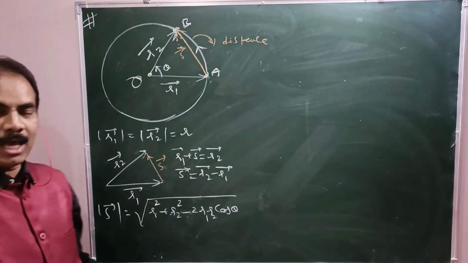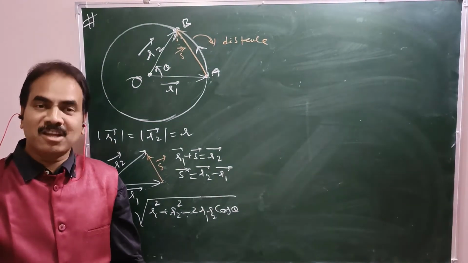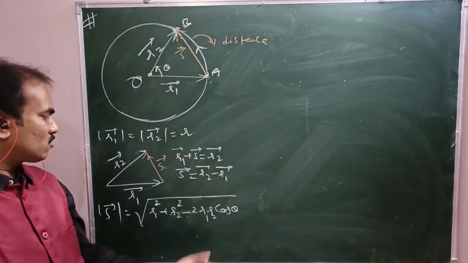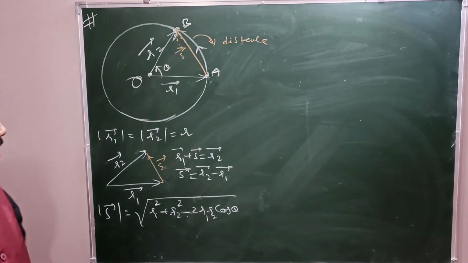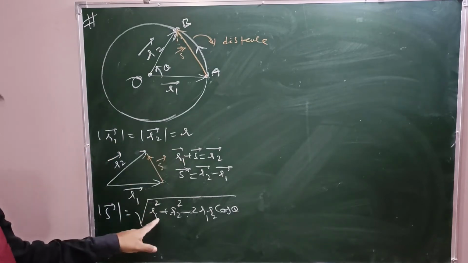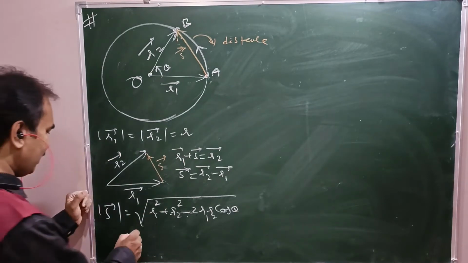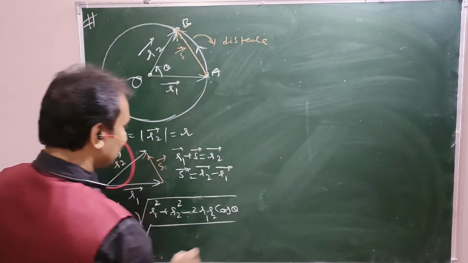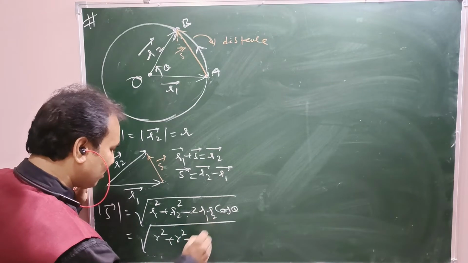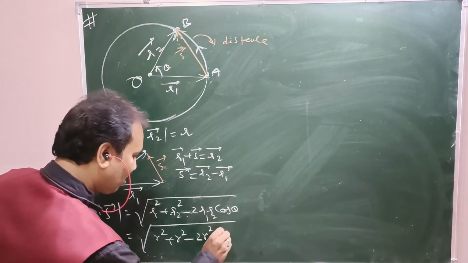In fact, r1 and r2 are both the same in magnitude, so replace with r once again. That is root over r square plus r square minus 2 r square cos theta.